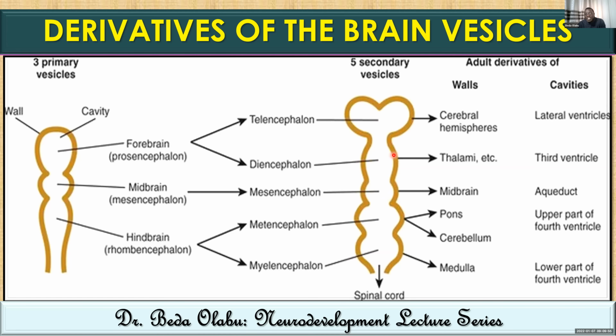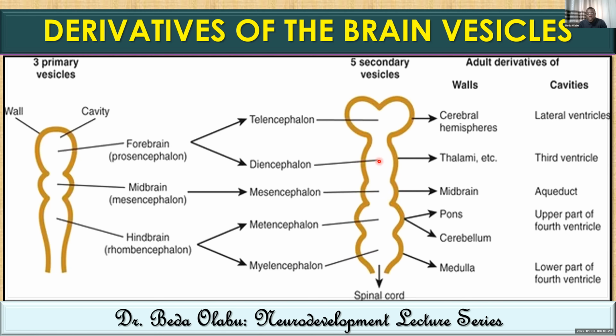So those ones come from the wall of diencephalon. While the cavity of the diencephalon gives rise to the third ventricle. That's why we see this continuity here from the cavities, which are future lateral ventricles. We can see that continuation to the cavity of the third ventricle.